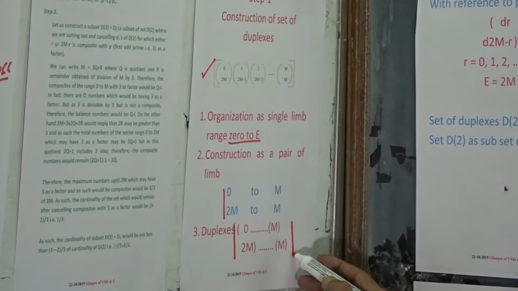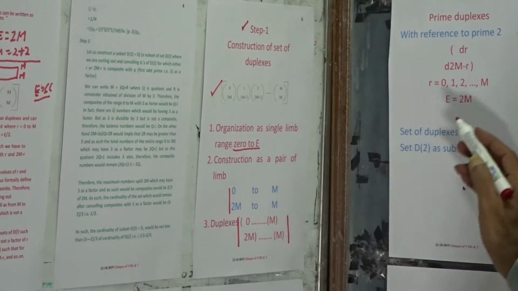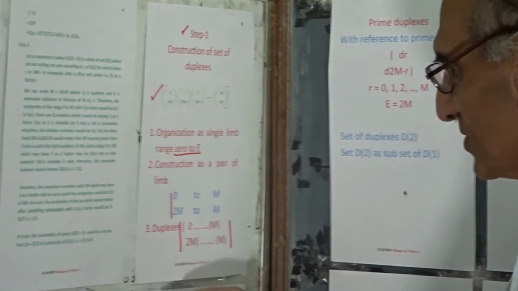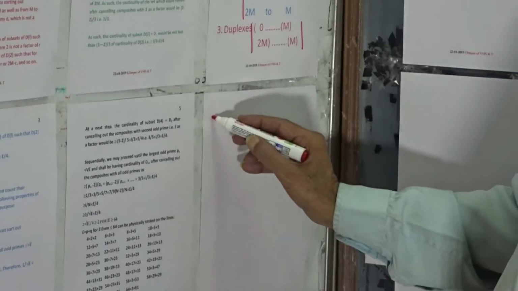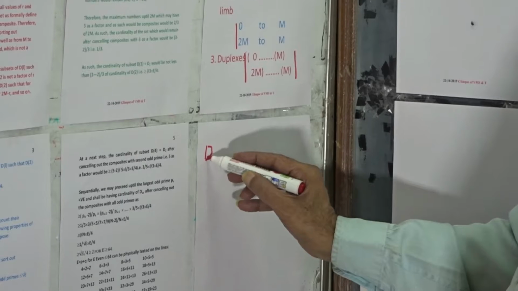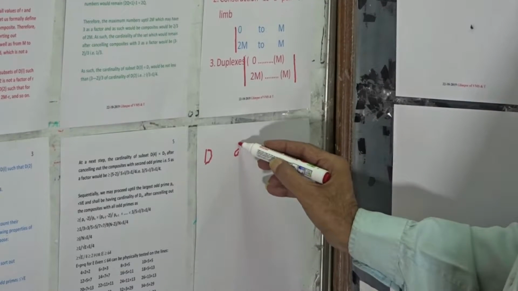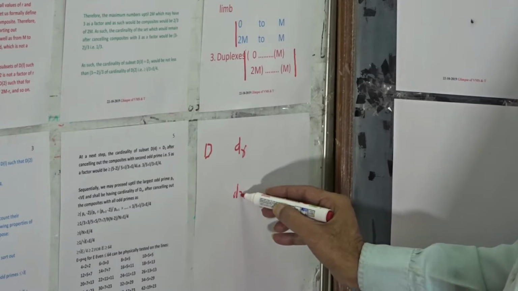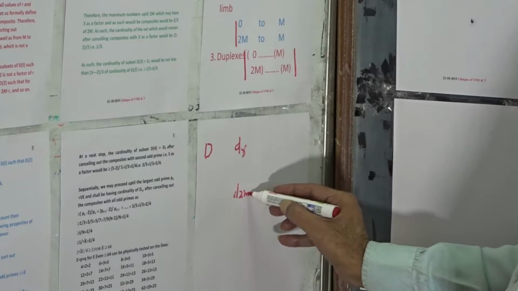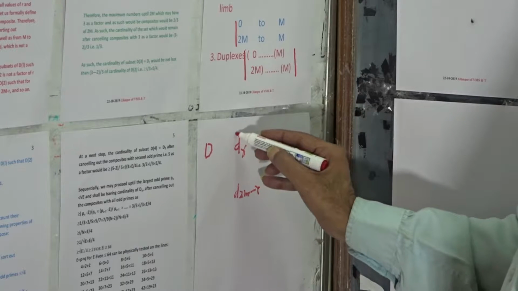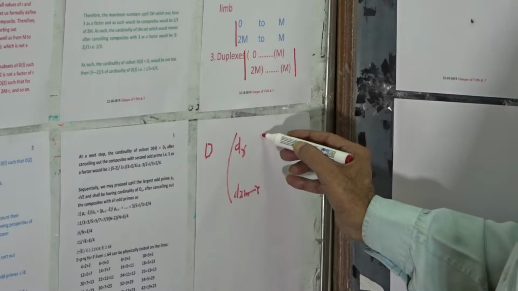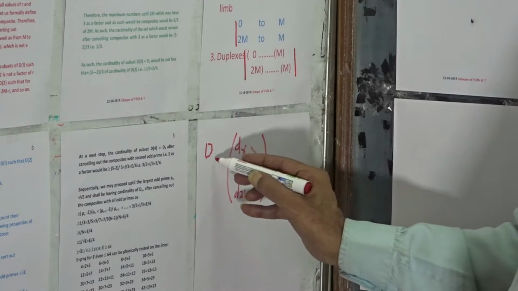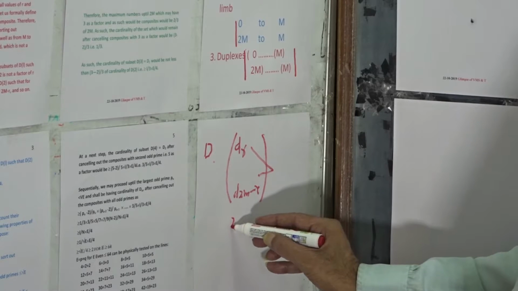Now these duplexes will help us appreciate that we are having, say, a duplex with the upper member dr and the lower member 2m minus r, and the summation value of this pair of elements of this duplex is equal to 2m.